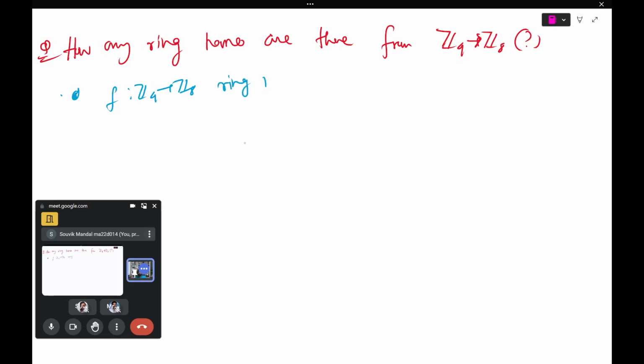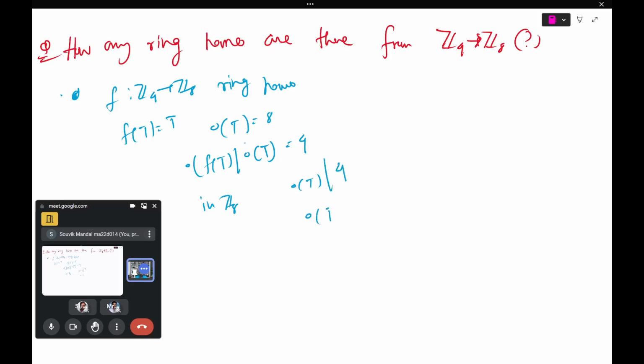Then f of 1 bar is equal to 1 bar, correct? And the order of f of 1 bar in the image Z8 divides the order of 1 bar, and the order of 1 bar on the right side is equal to 4. So in Z8 we get that the order of f of 1 bar divides both 4 and 8.